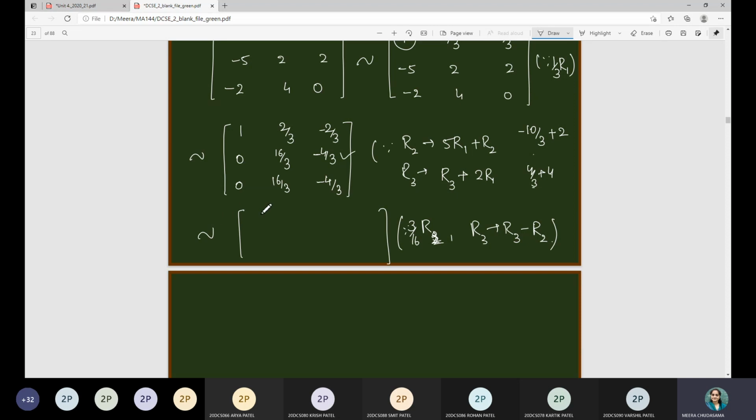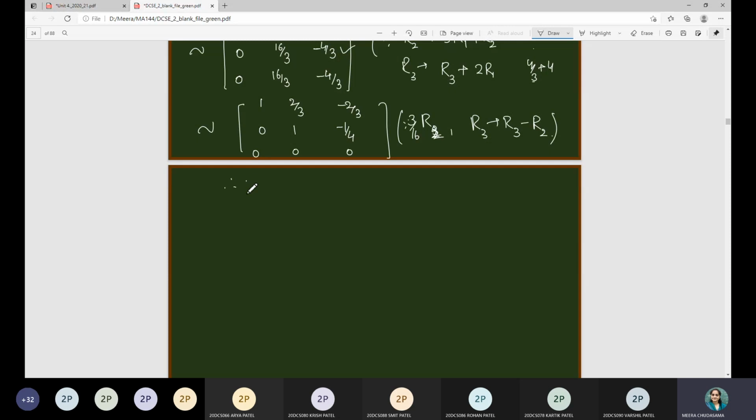So with these reasons, this one 0, this will become 1, minus 4 by 3 into 3 by 16, so it will give you minus 1 by 4. All these entries will be 0 because second row and third row are same. So here you can write, therefore, R3 equals R3 minus R2.